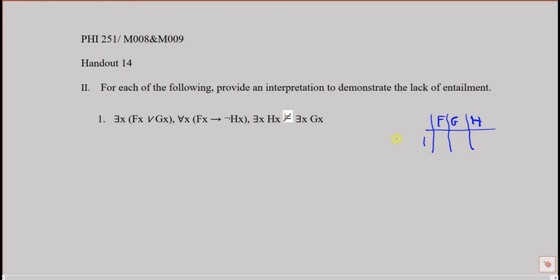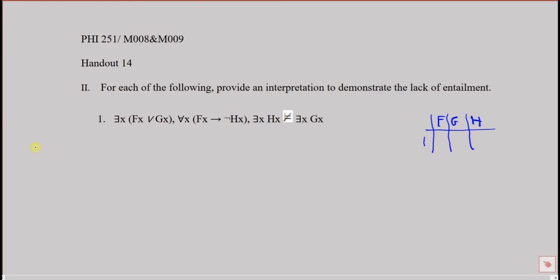Our goal is to make the conclusion false and the premises true with only one object. If we succeed, well, we are good. If we fail to make the premises true and the conclusion false with one object, then we move to the second object. Okay? And we always start with the conclusion.